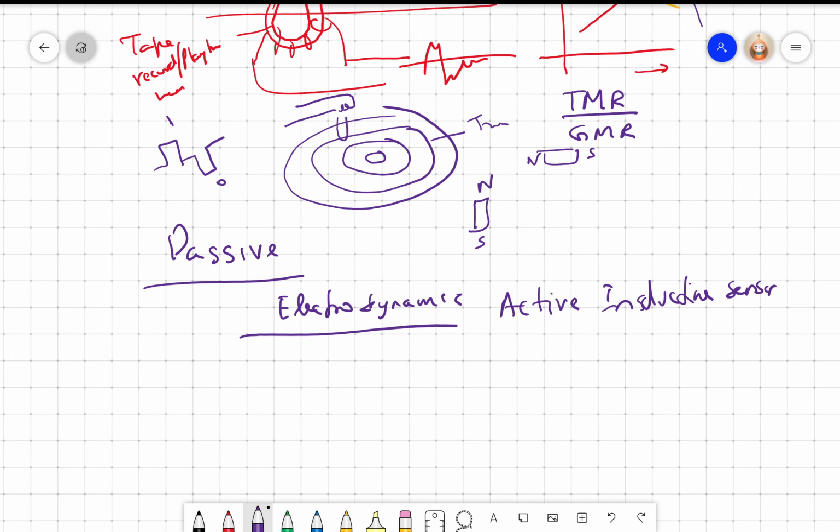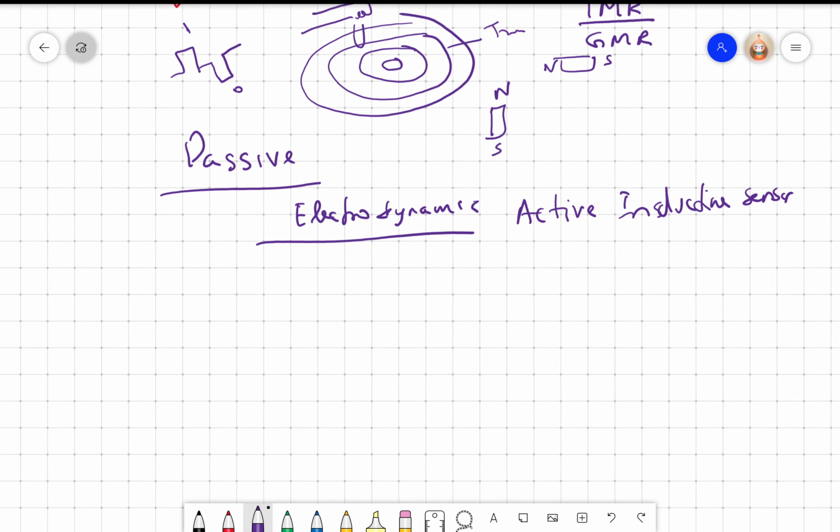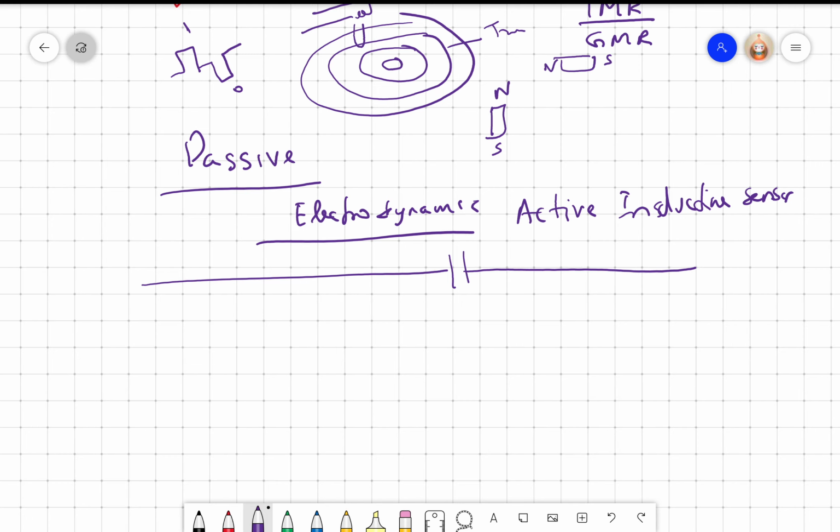I'm not going to bring it up now. We will learn seismic type transducers a little later, right? With this, the inductive type of transducers is over. Then we look at the capacitive type of transducers.